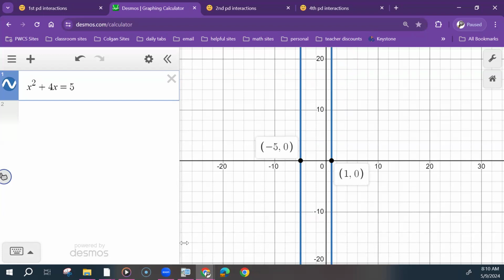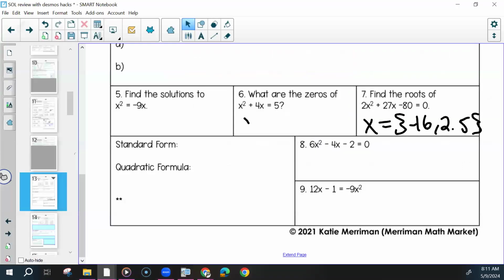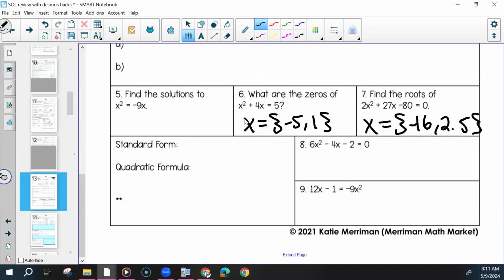If you were wanting to factor it, you would have to make it equal to 0. But those are still gonna be good. -5 and... I'm not gonna solve this all the way, but if you wanted to solve it by factoring or set it to 0, you would subtract 5 from both sides. And then you can put that in, or you can factor it. Either way, you would get the same.